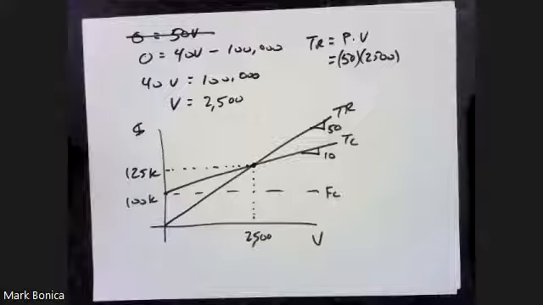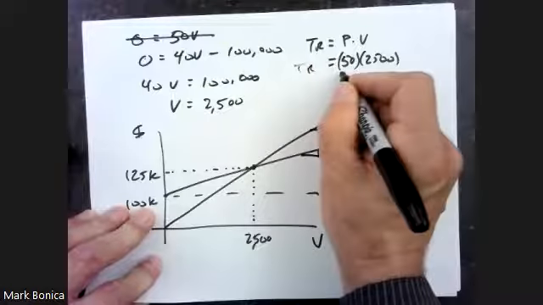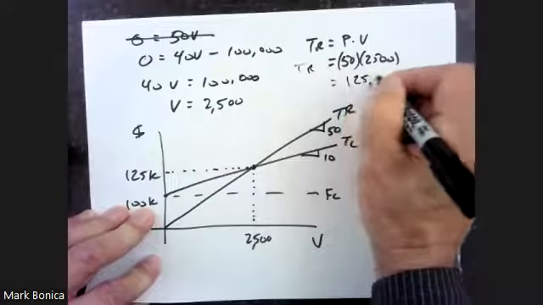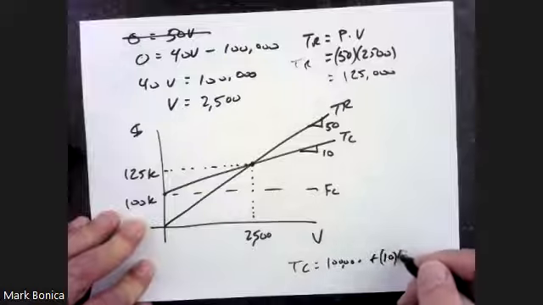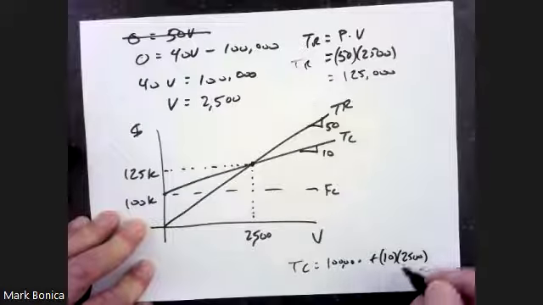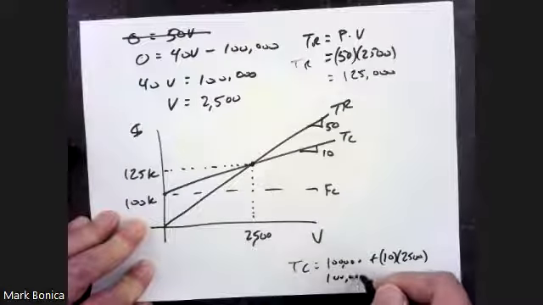So total revenue at 2,500 was 2,500 times 50, which is 125,000. Total cost at 2,500 is 100,000 in fixed costs plus 10 times 2,500, which is 25,000.